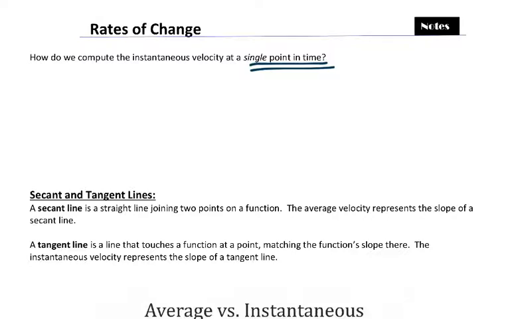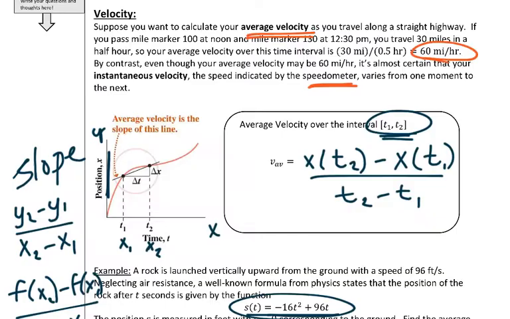Average velocity looks at the position of an object at 2 distinct points. If we go back and look at this picture, the average velocity is between 2 points, from here to here, those 2 distinct points. While instantaneous velocity looks at the average velocities that approach that value.